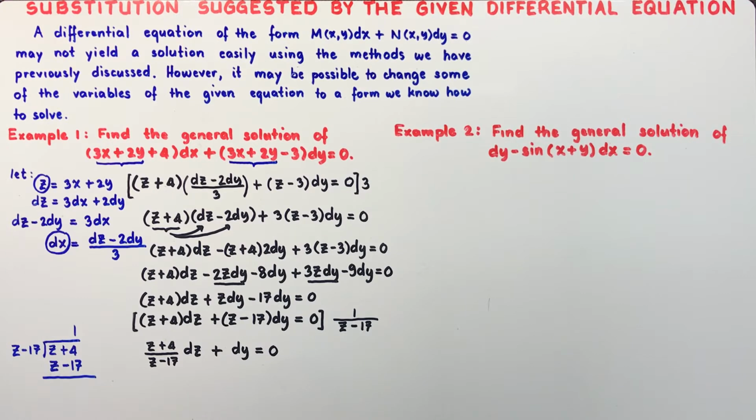Subtracting each column, z minus z is 0, so this cancels, and 4 minus negative 17 is positive 21. Therefore, this fraction can be rewritten as 1 plus 21 over (z minus 17), and the whole thing will be multiplied by dz, plus dy, which is equal to 0.